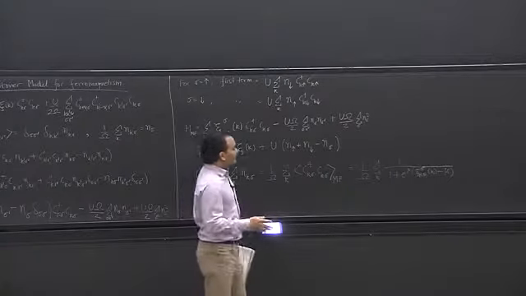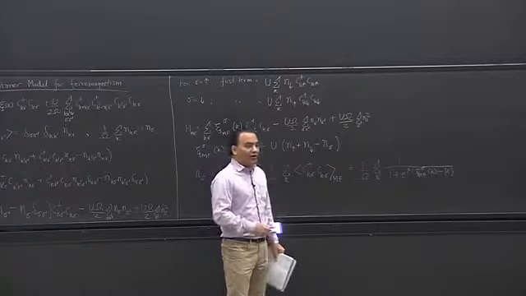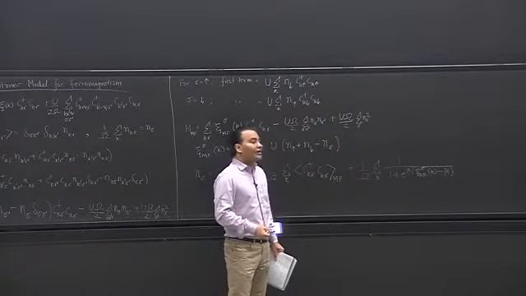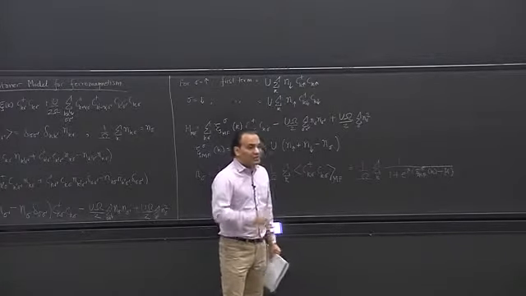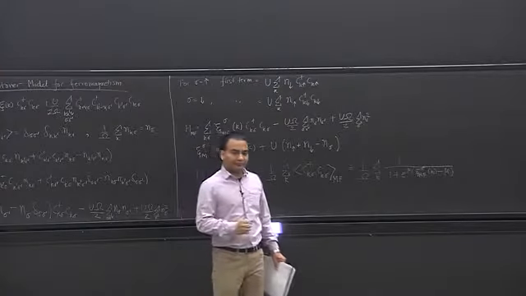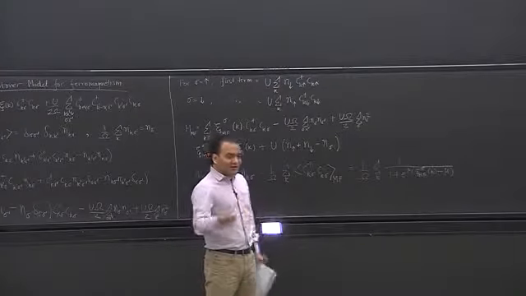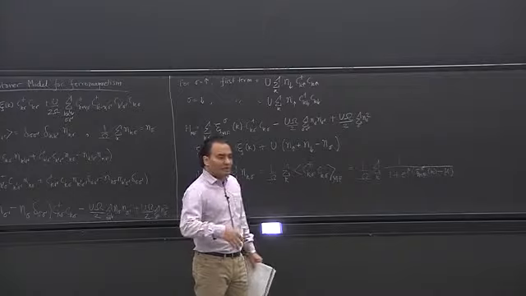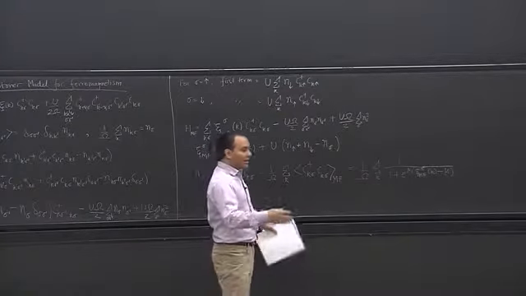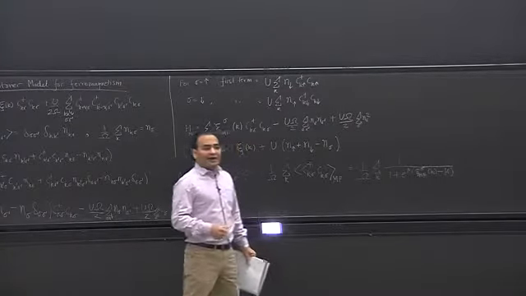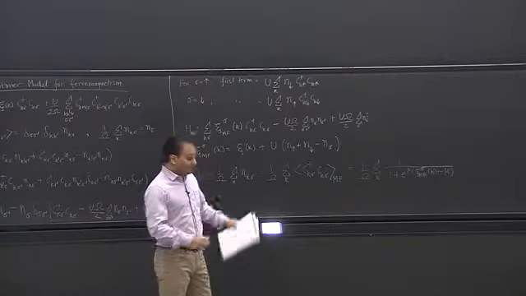Let me define it this way. At absolute 0 temperature, the chemical potential is equal to the Fermi energy. So all states below the chemical potential at 0 temperature are occupied, and all states above it in energy are empty.